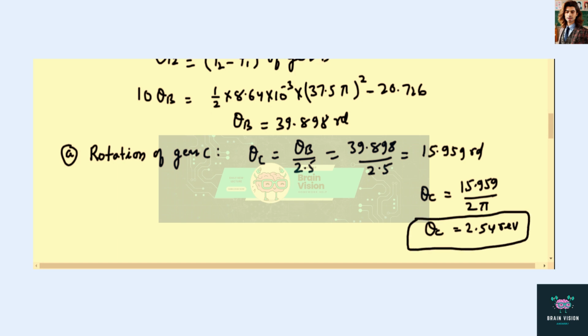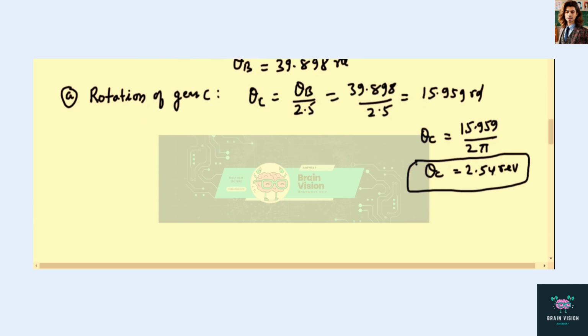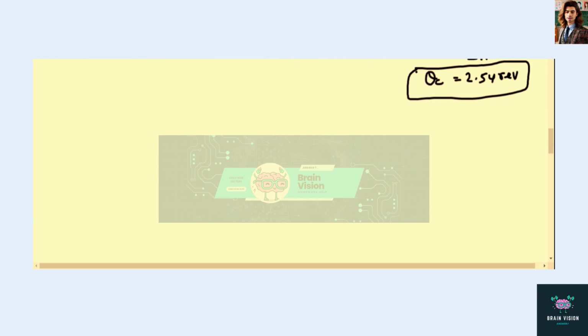Now applying the work energy theorem for gear A. Rotation of gear A, if you see, theta A is equal to theta B, that is 39.898 radians.